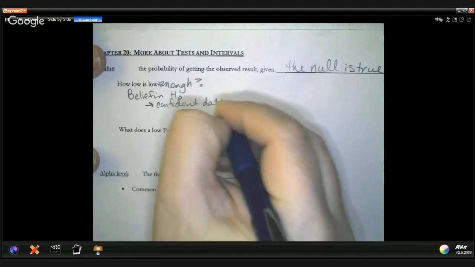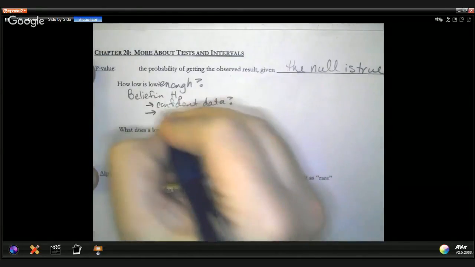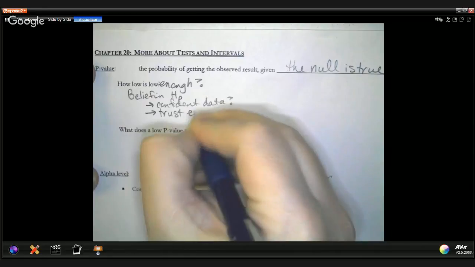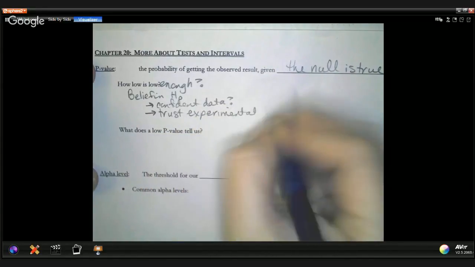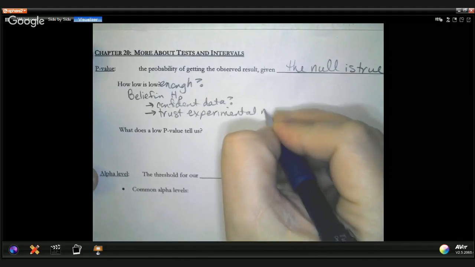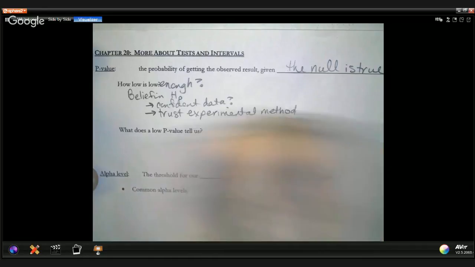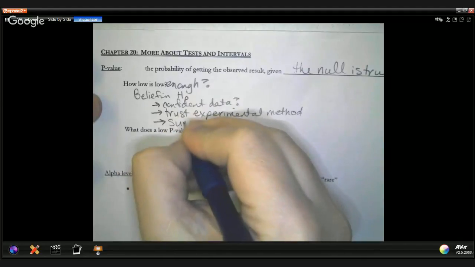If you're not confident in the data, then your p-value might need to be lower so that you can really see a difference. Do you trust the experimental method? Did they follow a procedure that is statistically sound? And the last thing you have to ask yourself is, did they follow survey protocol? Did they try and eliminate bias?